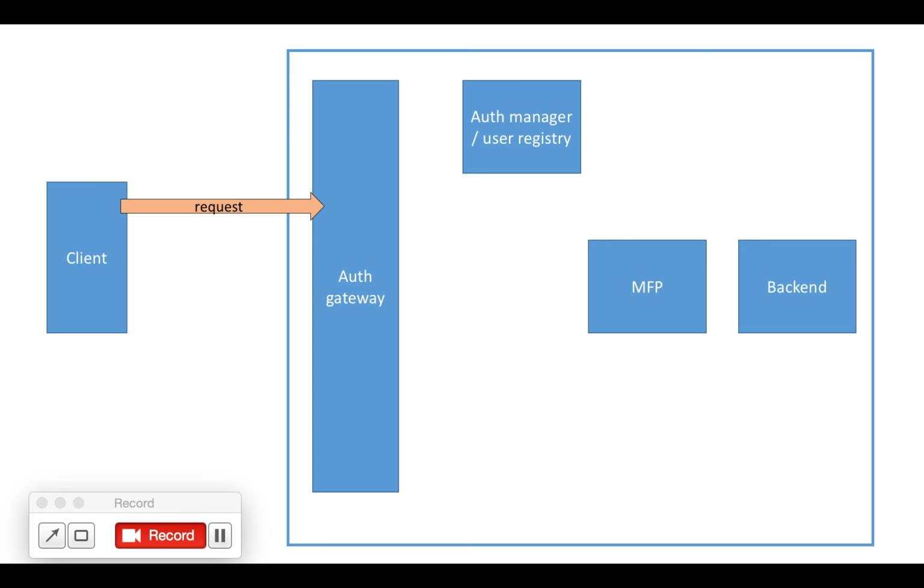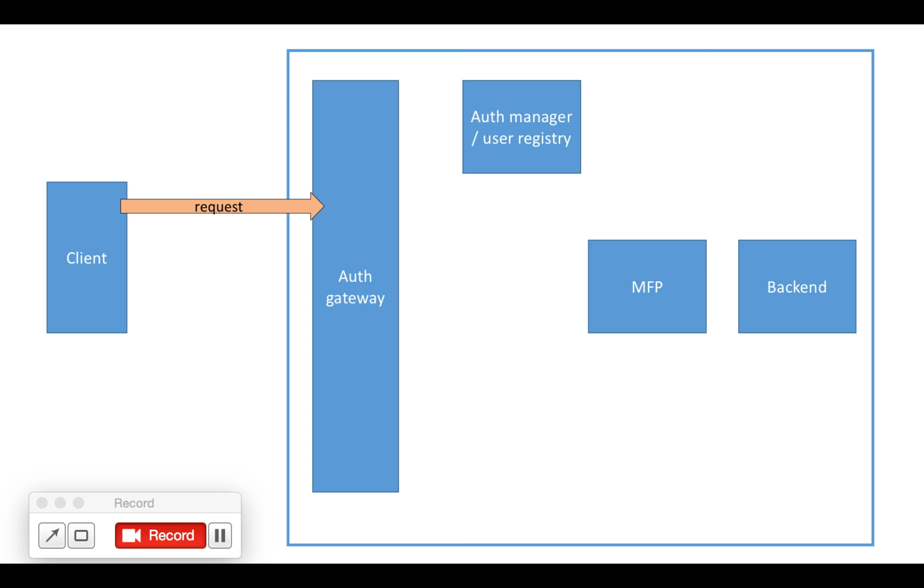Okay, so for the purpose of this video, I will assume that we have some kind of standard authentication gateway that uses cookies to detect authenticated users. Once again, it starts with the client making a request to the authentication gateway, right?